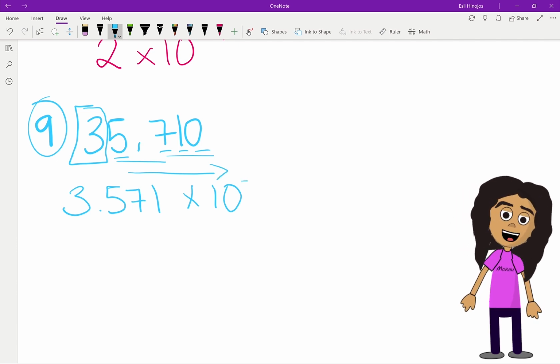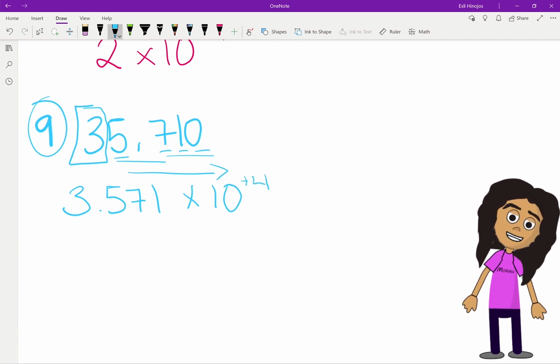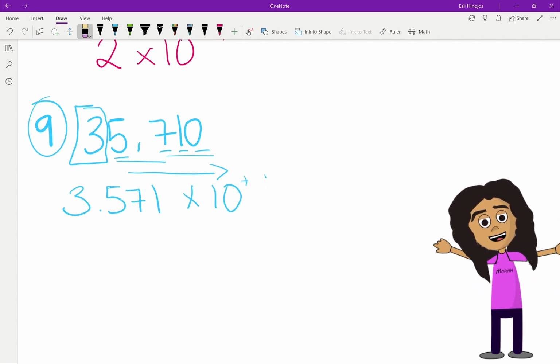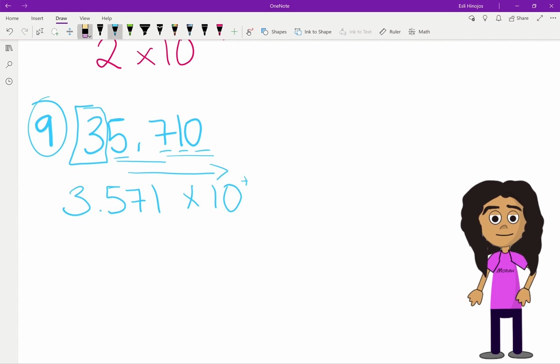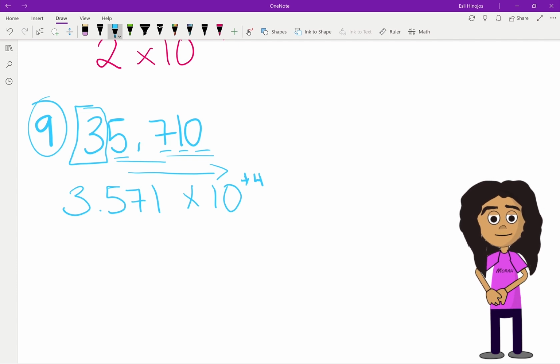We have 4 numbers after that 3 that we brought down, and we go to the other side of the number line. There are no zeros in front of it, so we know it's going to be a positive exponent. So it's 4. She didn't write the 0 at the end because we have 10, so we don't need that.